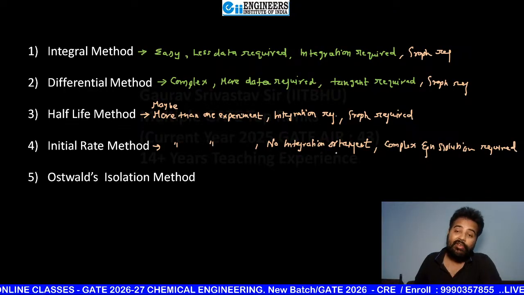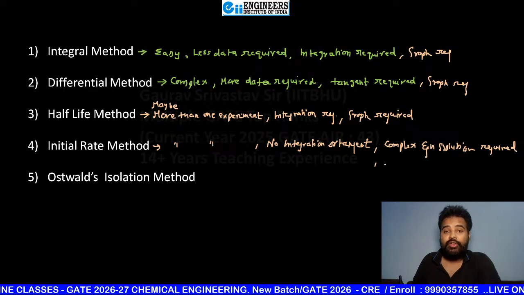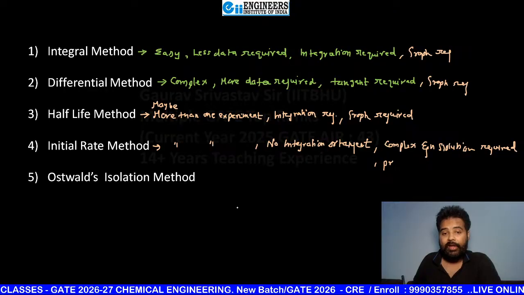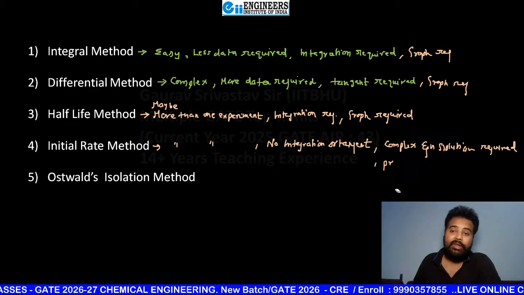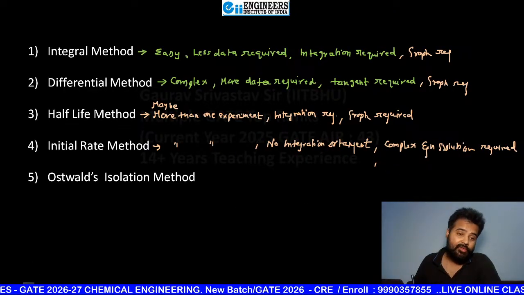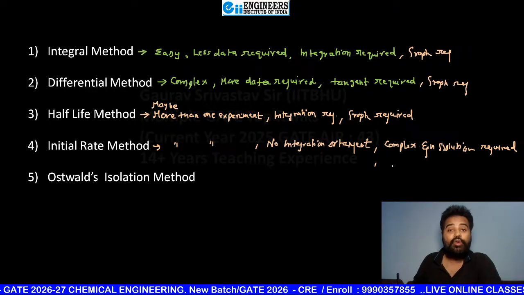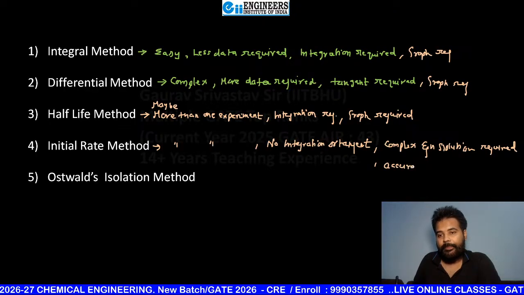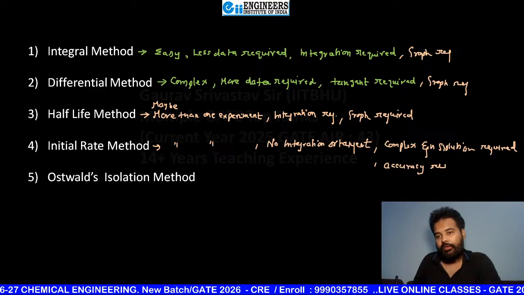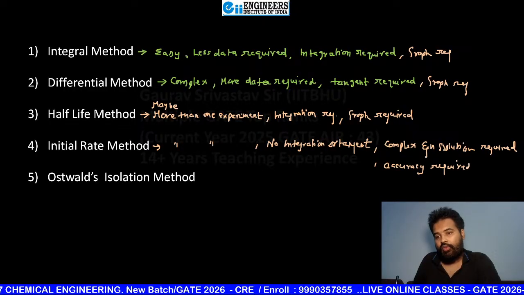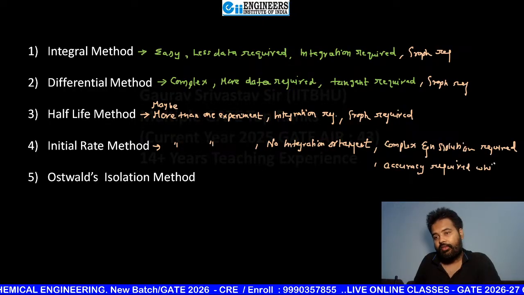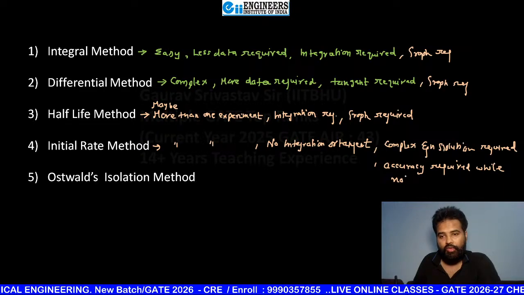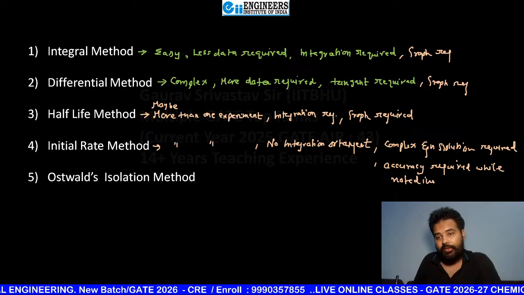And in initial rate, precaution or precision required, accuracy required while noting initial rate, because it is initial, for what period you have to check it. So accuracy required while noting initial rate.